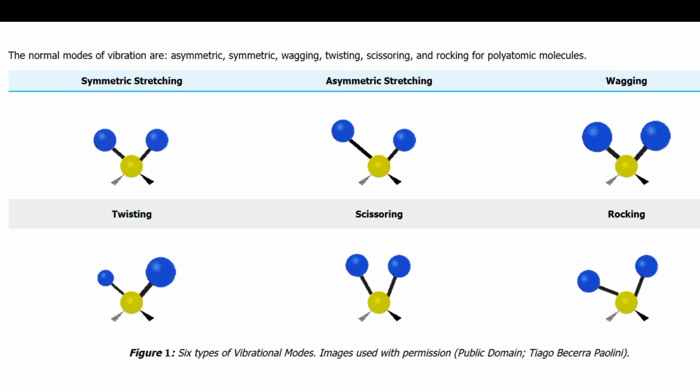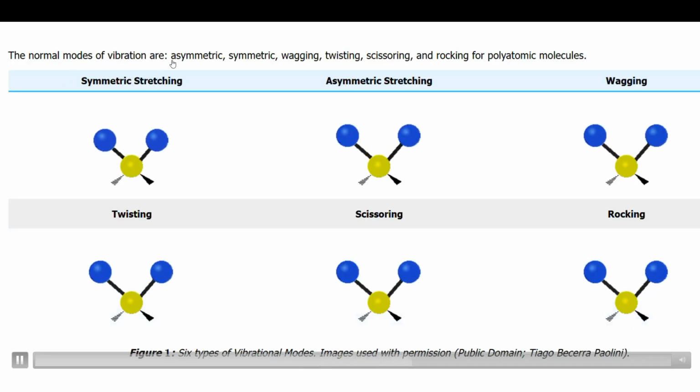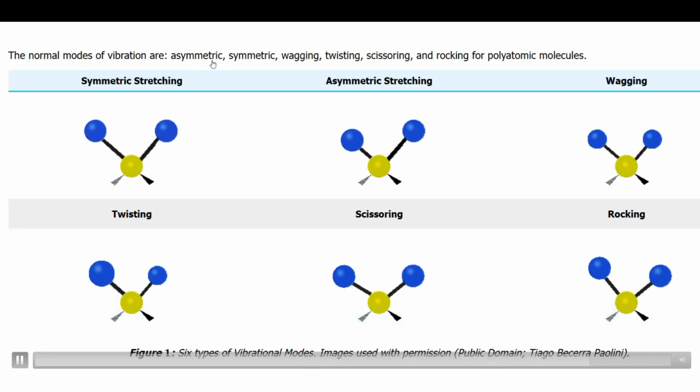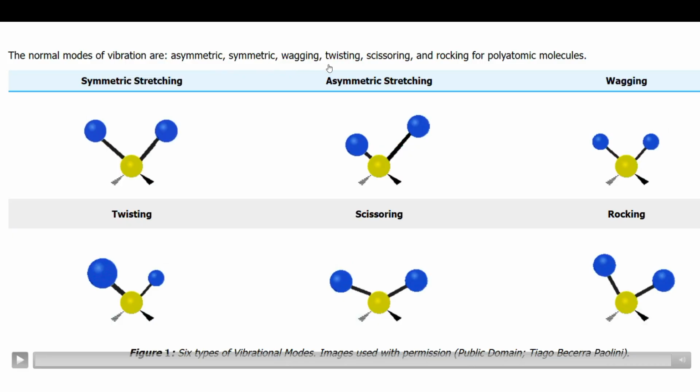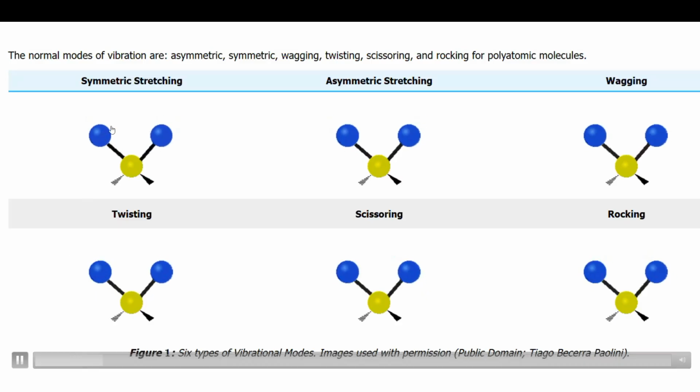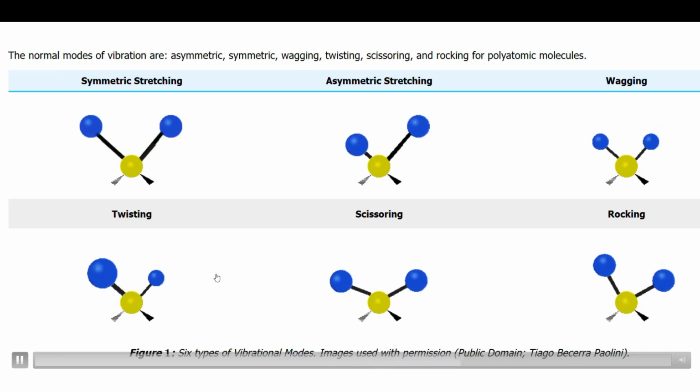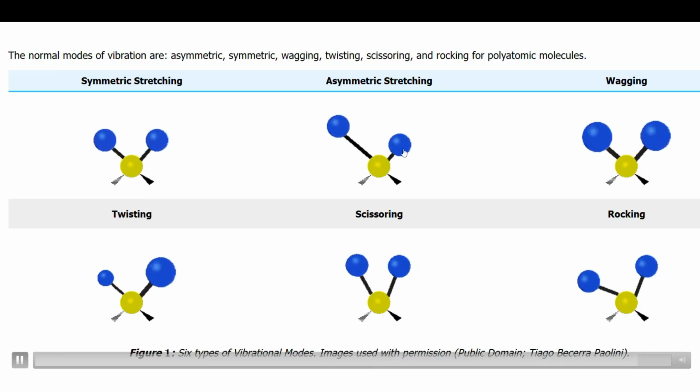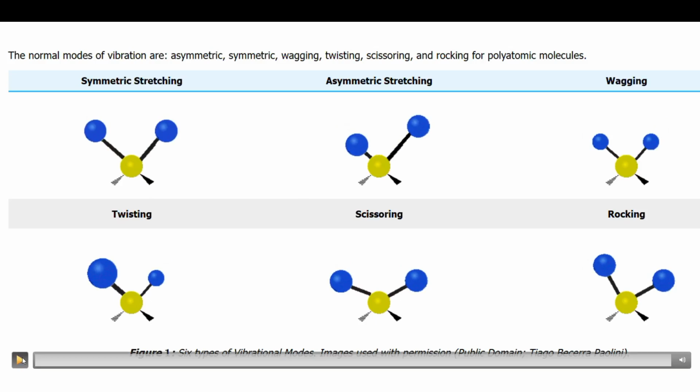Now see, the normal modes of vibration for a polyatomic molecule in question are asymmetric, symmetric, wagging, twisting, scissoring, and rocking. Symmetric stretching is something like here, it's really symmetric. Asymmetric is like you see, there's an asymmetry here.